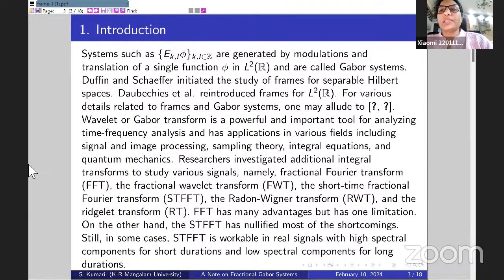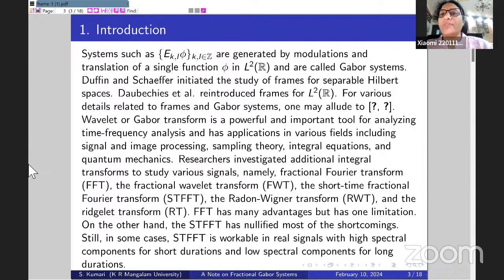Researchers investigated additional integral transforms to study various signals, namely the fractional Fourier transform FFT, the fractional wavelet transform FWT, the short time fractional Fourier transform, the Radon-Wigner transform RWT, and the Radon transform RT.